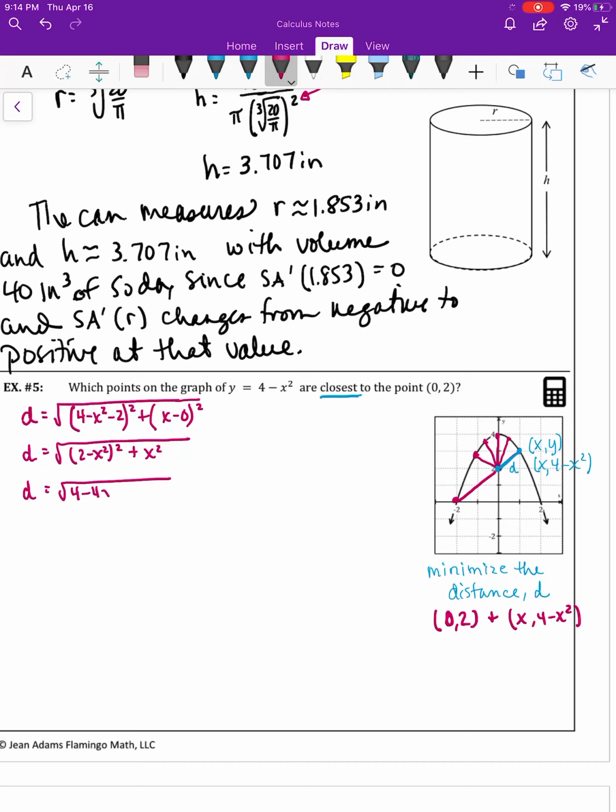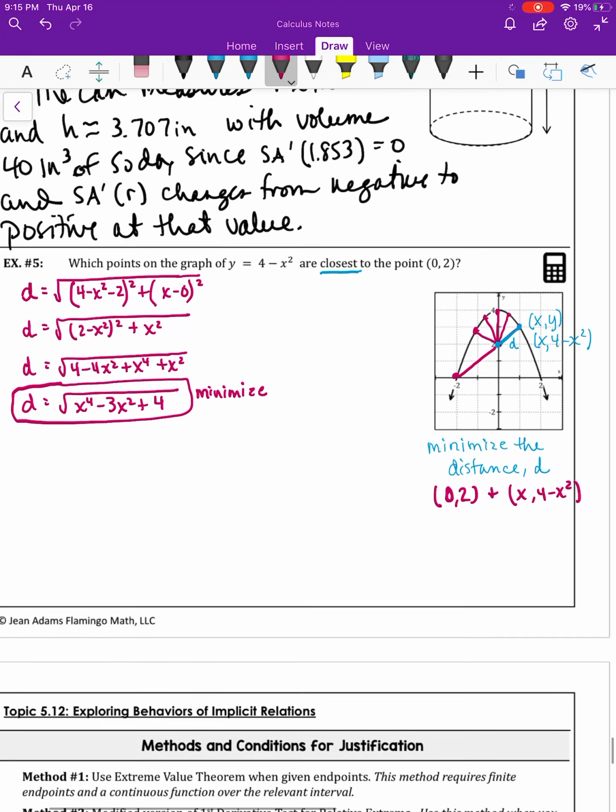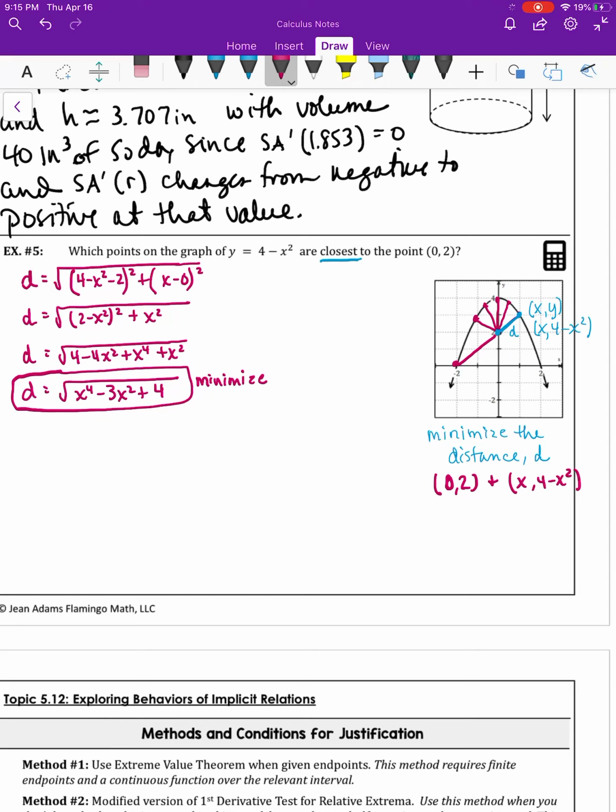That's going to be our distance using the distance formula. So this is going to be 2 minus x squared, squared, plus x squared. This is going to be 4 minus 4x squared plus x to the 4th plus x squared. And so I'm going to put my x to the 4th first. Combine my like terms, I get negative 3x squared plus 4.